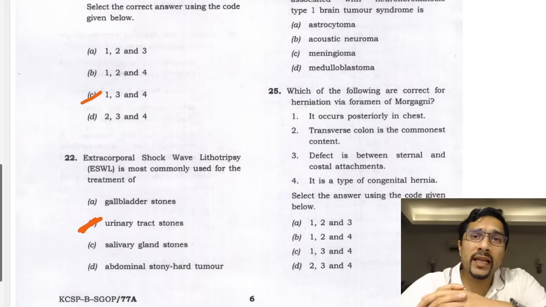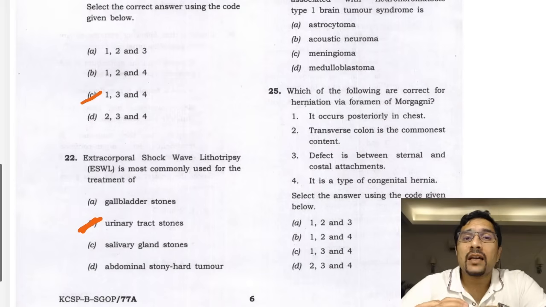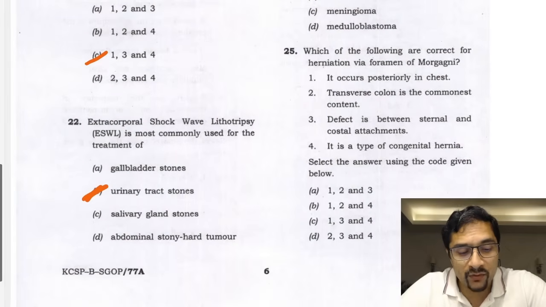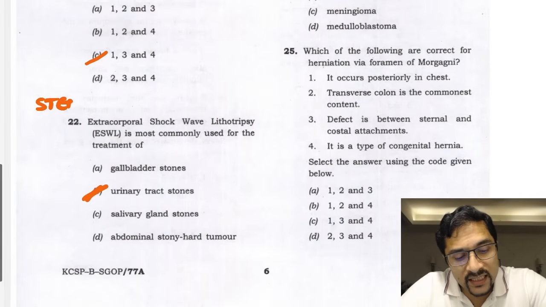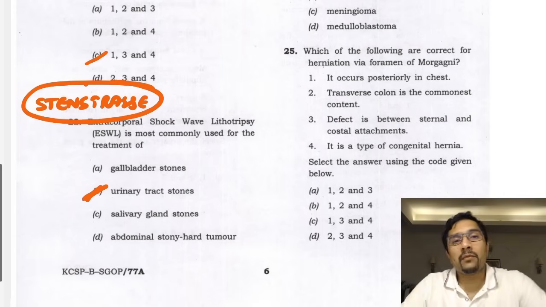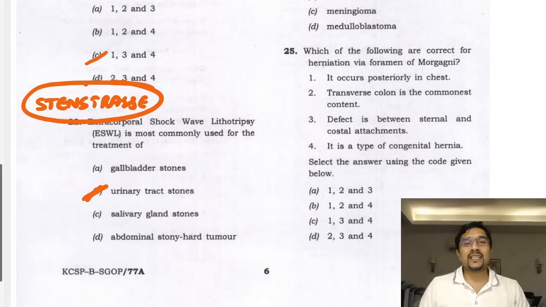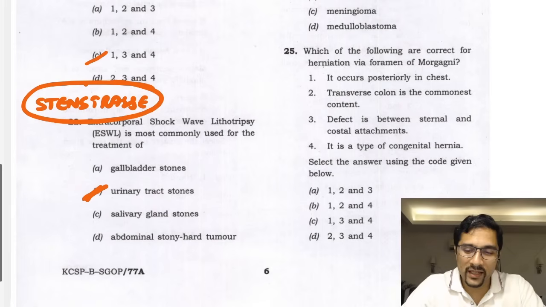There can be pain, hematuria, infections, or Steinstrasse. These are the complications of ESWL. Steinstrasse is stone street, meaning multiple fragments block the ureter and form a street there. That can be one of the complications of ESWL.